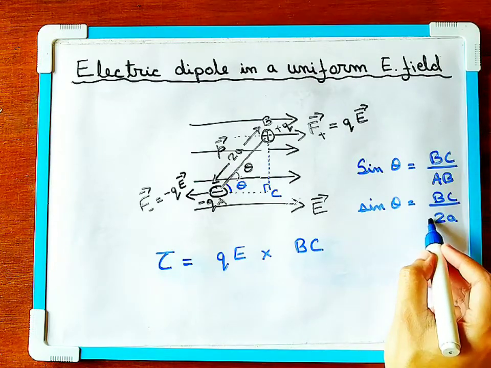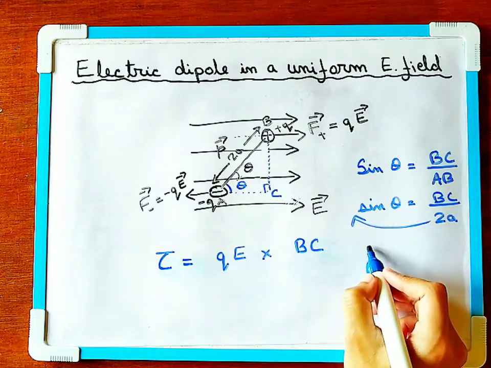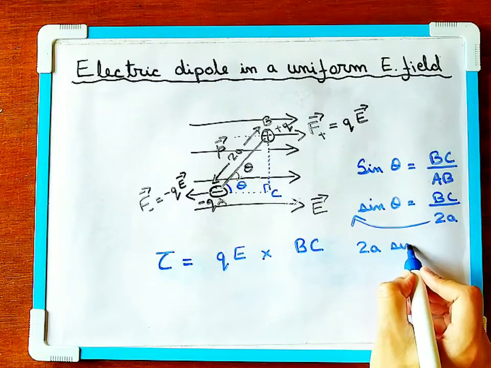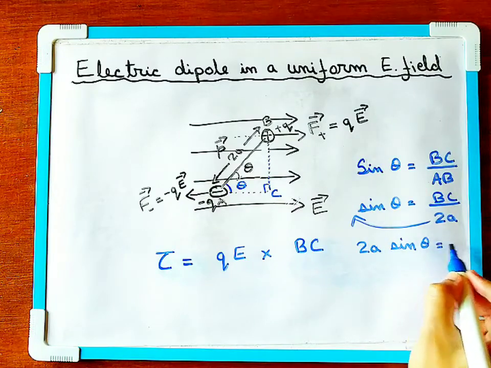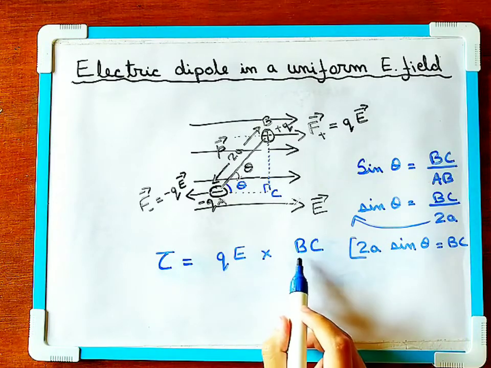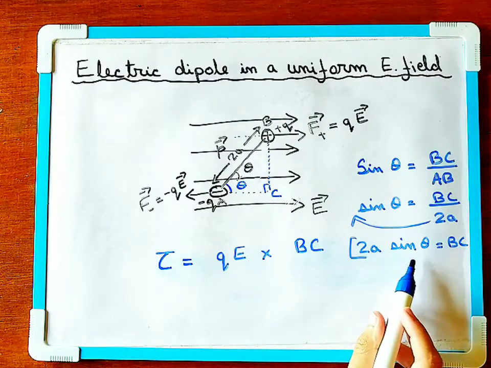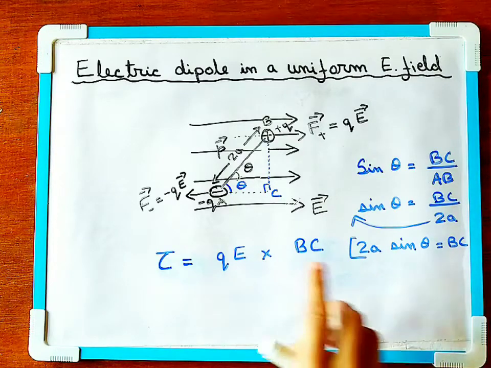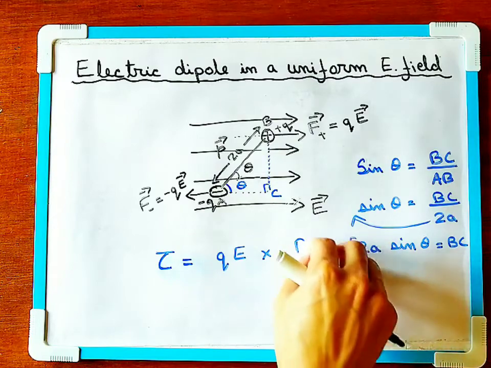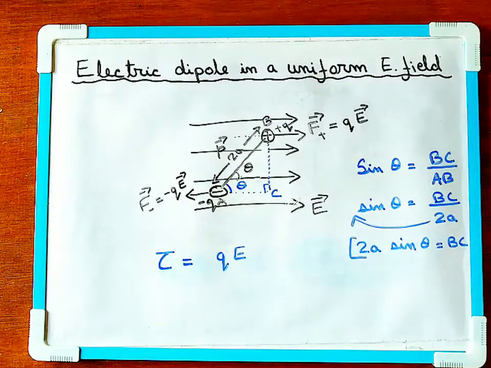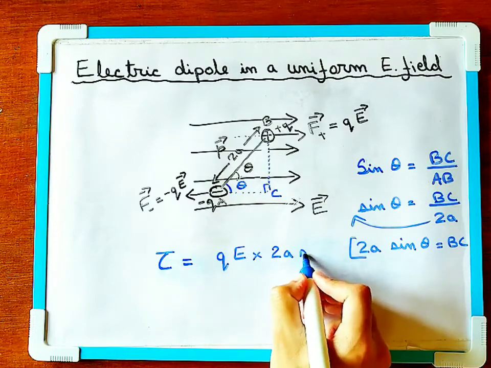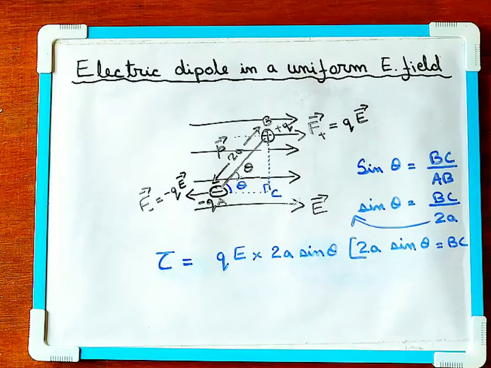BC is equal to 2A sine theta. So this will be your BC. This is from the trigonometry formula. So instead of BC here, I'll write 2A sine theta.